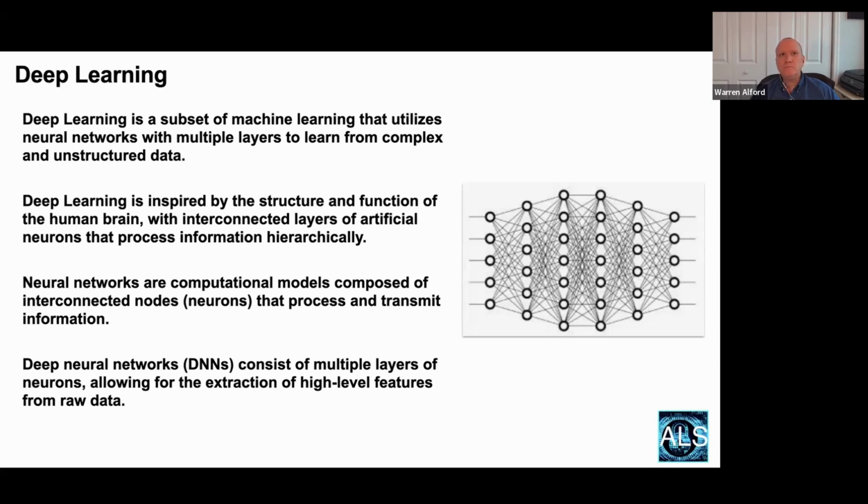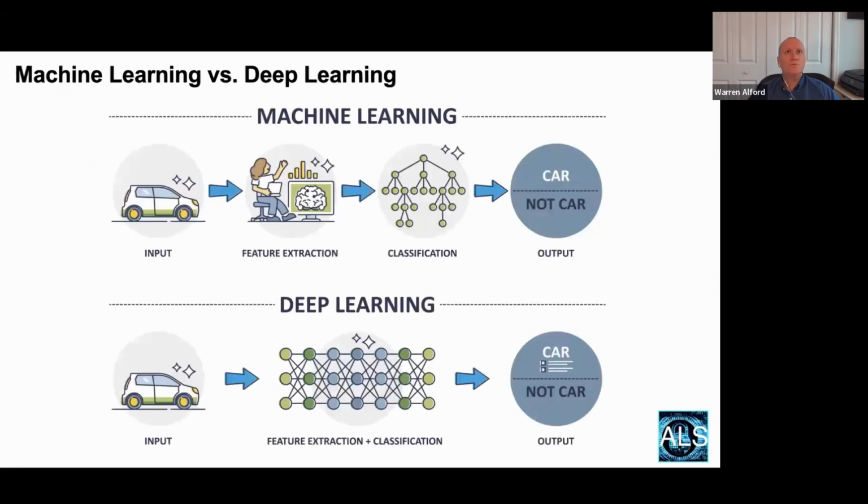So deep learning is one of the things that actually drives a lot of the development, like object detection, facial recognition, self-driving cars, and things like that as well. So a comparison between machine learning and deep learning is fairly straightforward.